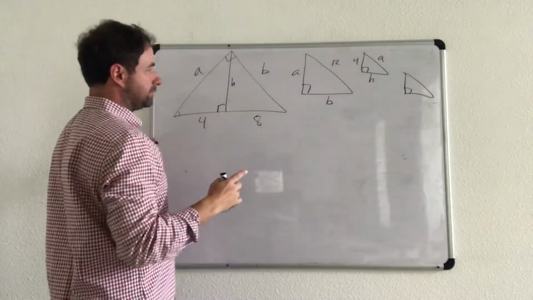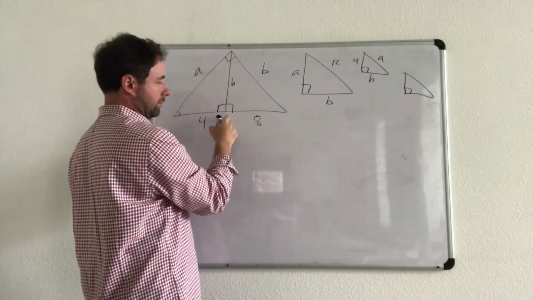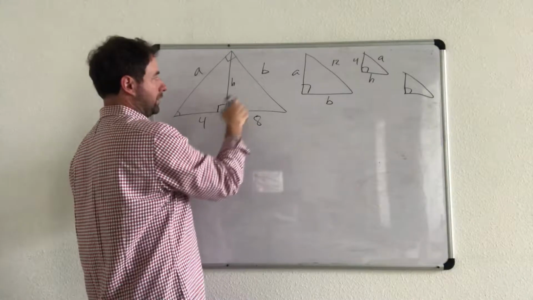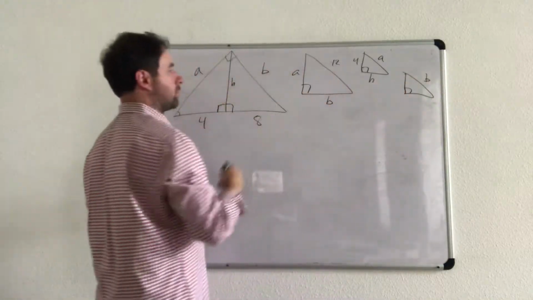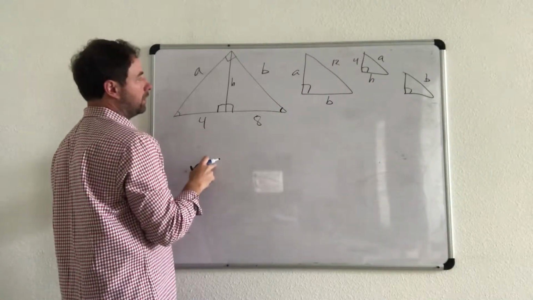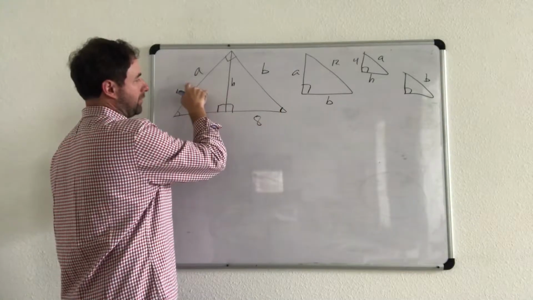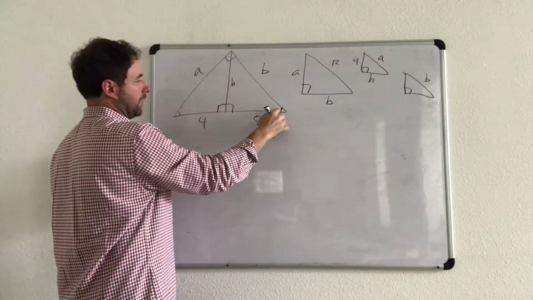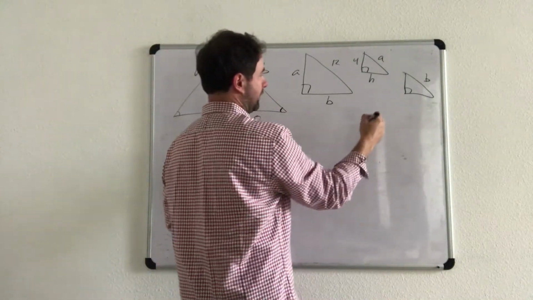So, same thing with this other little triangle. Now, this is a right angle. Make sure to draw that in so you know that. This other little triangle, B is the hypotenuse, which is opposite the 12 in the big one. Now, this angle here is shared with the big one. So that little angle is opposite the A. So that little angle, the H, is going to be opposite that.